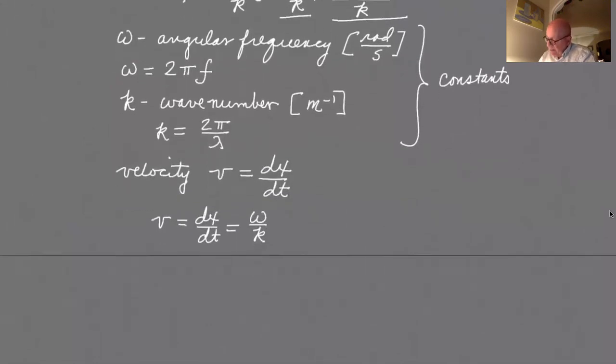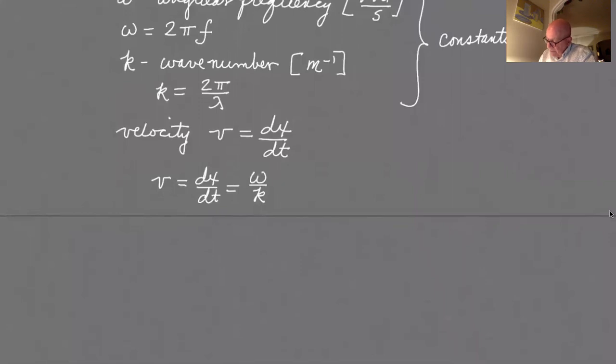We give this a name: we call this the phase velocity. You might see Vp for phase. Some books might write it as V of phi, again to talk about phase. That's going to be equal to omega over k. And that makes sense if we think about this, because omega over k is going to be 2 pi times f over 2 pi over lambda.